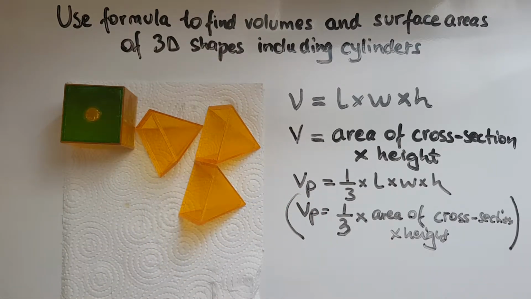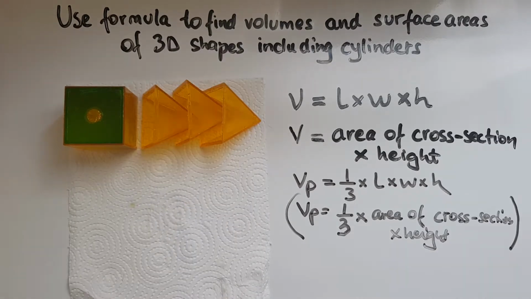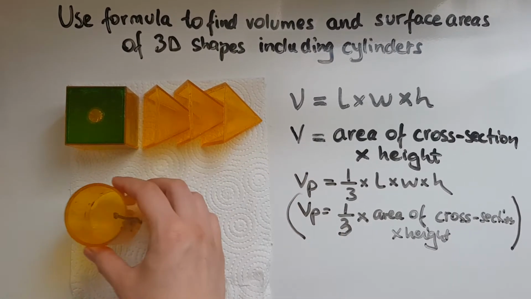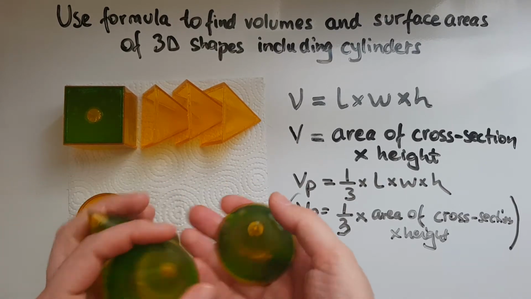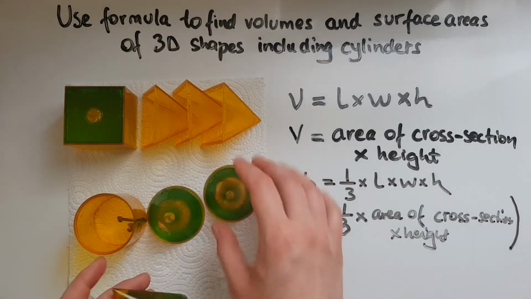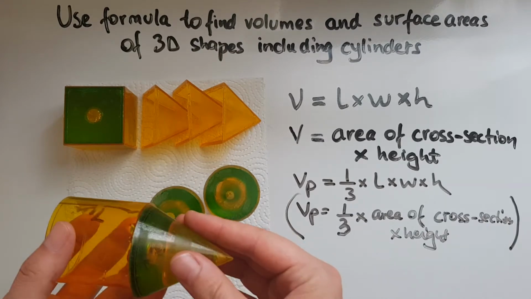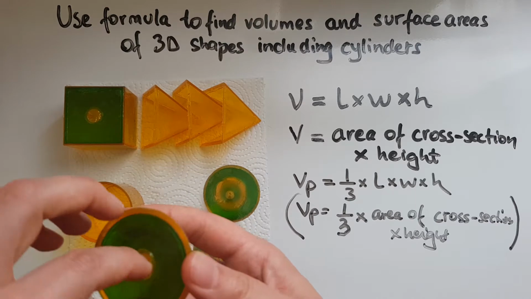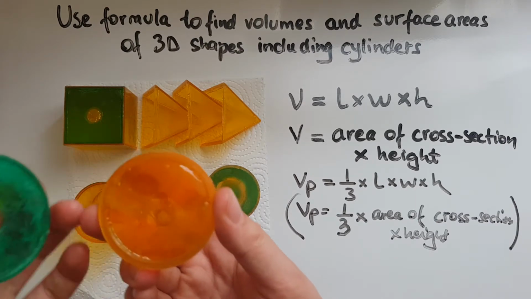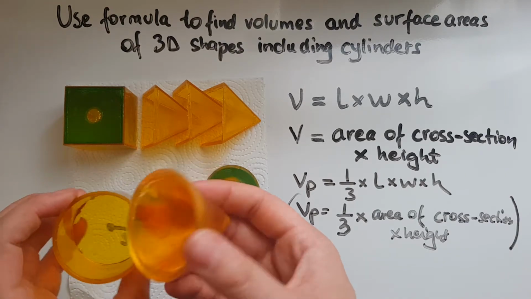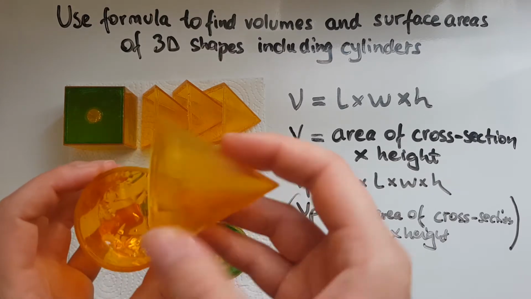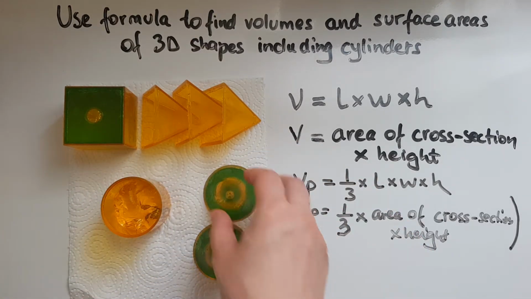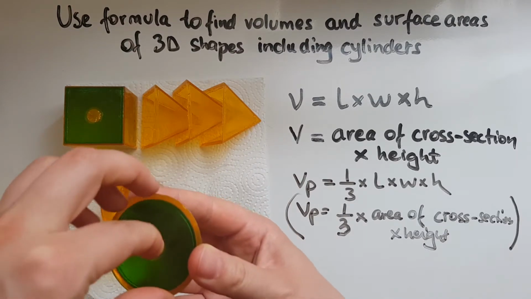Now, my next question is, is this the case when it comes to a cone? So let's have a look. I've got 3 cones and I've got a cylinder which has the same base. I'll try and empty these into the cylinder to see whether it is 3 that make the volume of it.